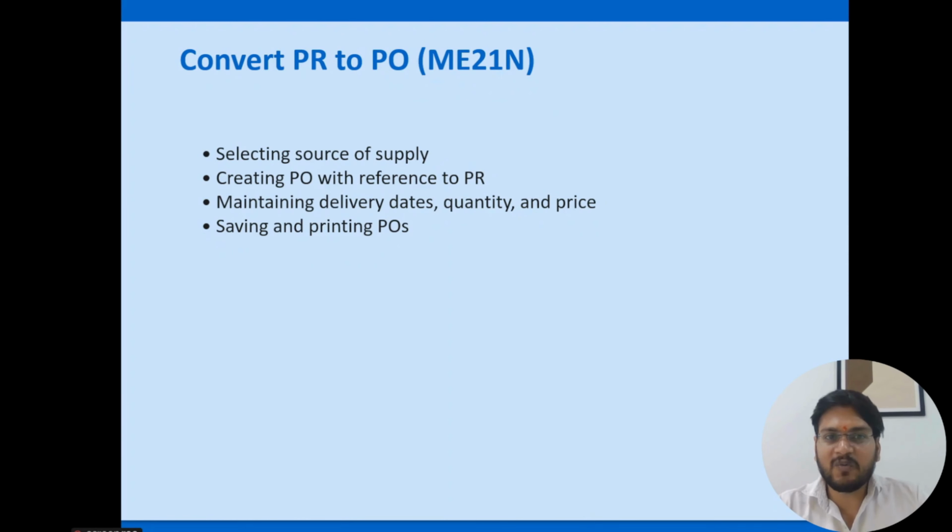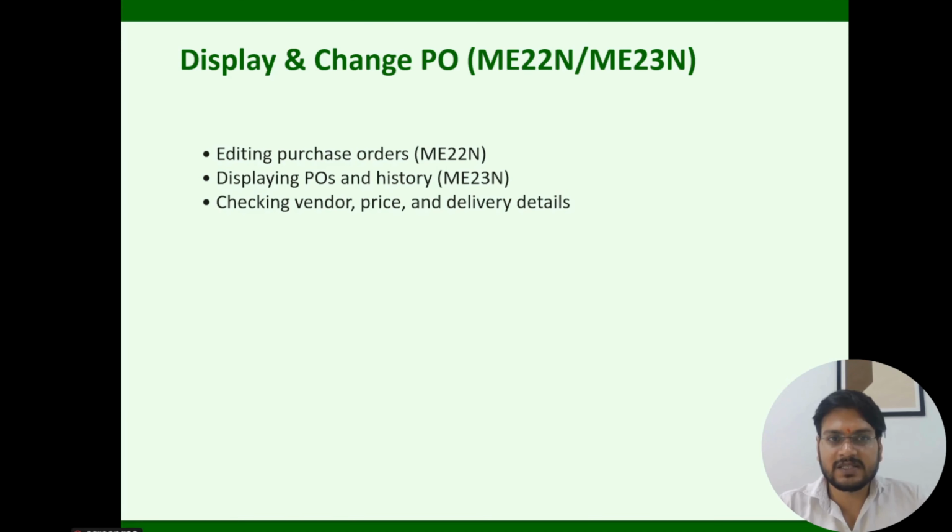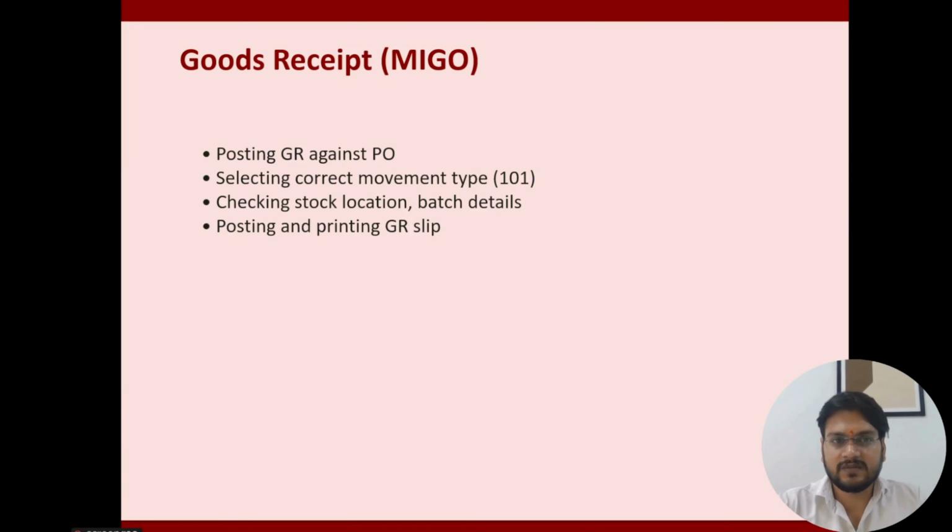We will see how we can convert a PR to a purchase order, what the T code is, and what the steps are, so that we can easily create a PO from a PR. We will see display and change PO, what the T code is to display PO and what the T code is to change PO.